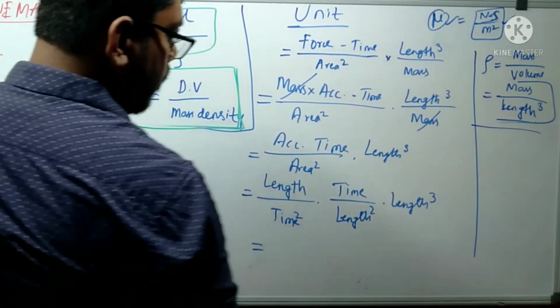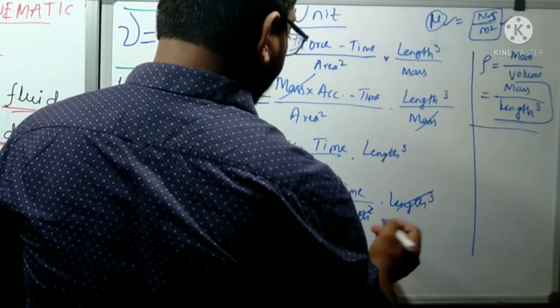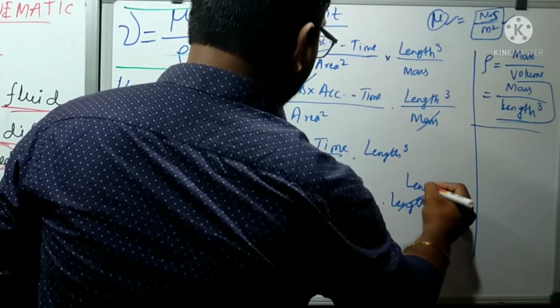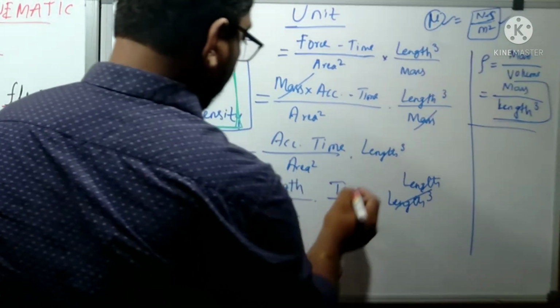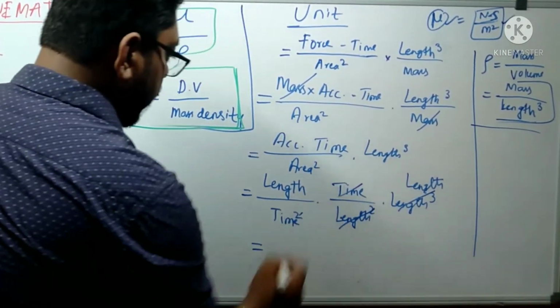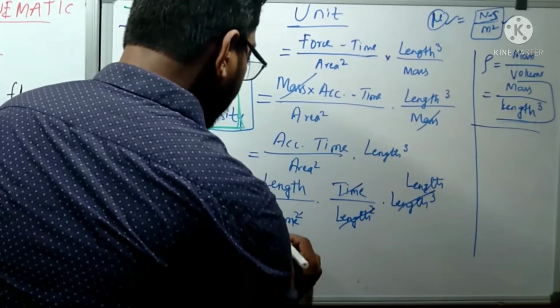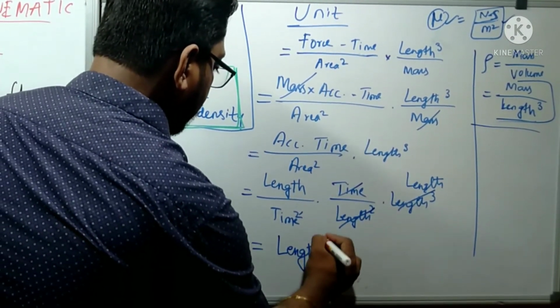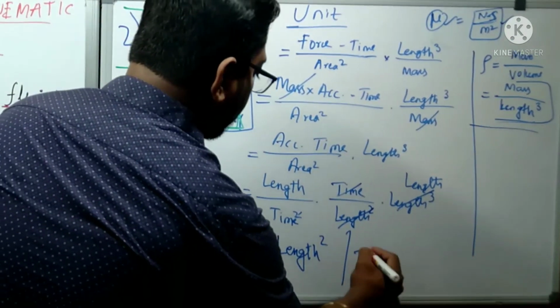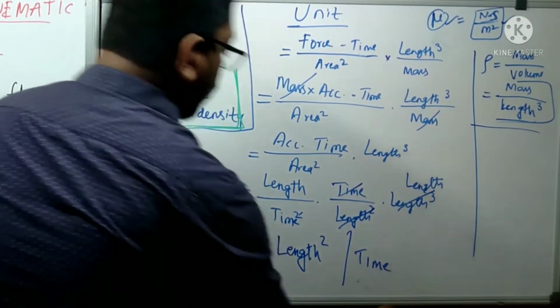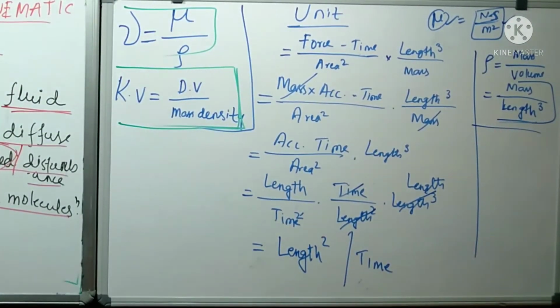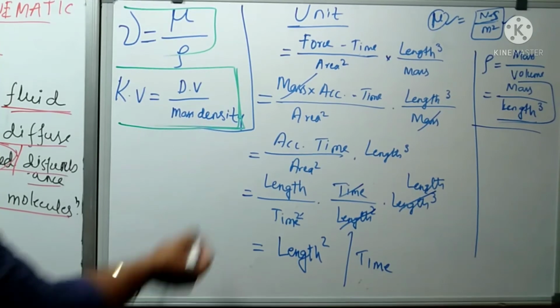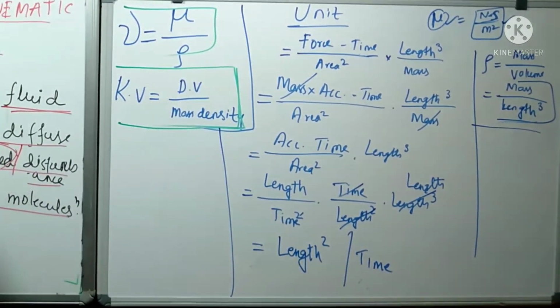Then the ultimate derived unit is length square per time. Okay, so the ultimate derived unit is length square per time. No doubt.